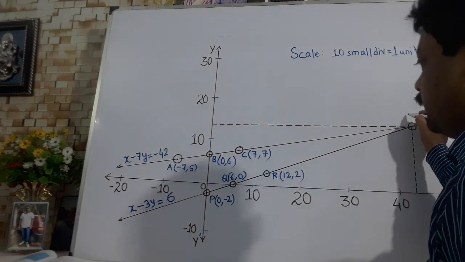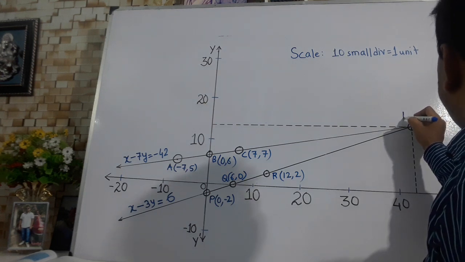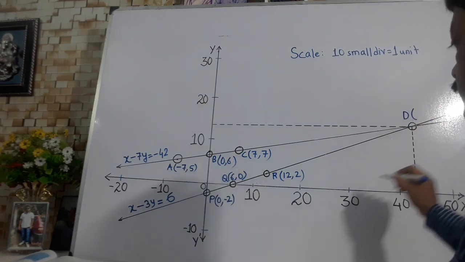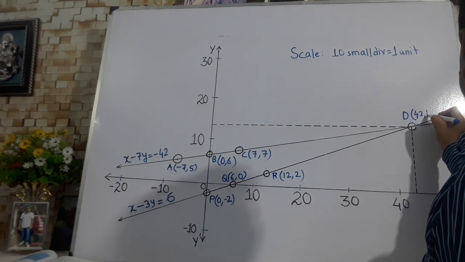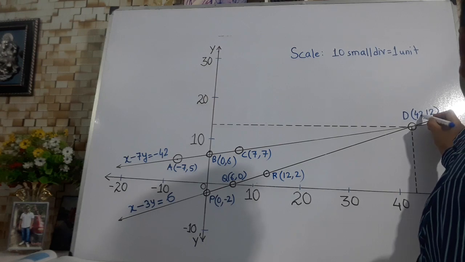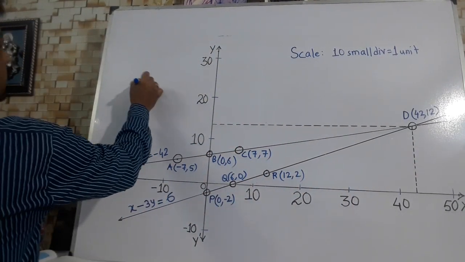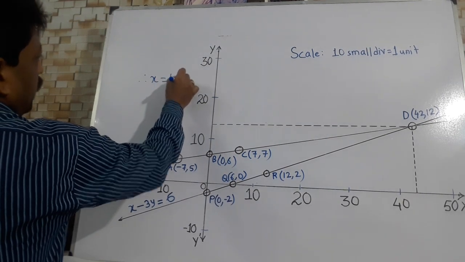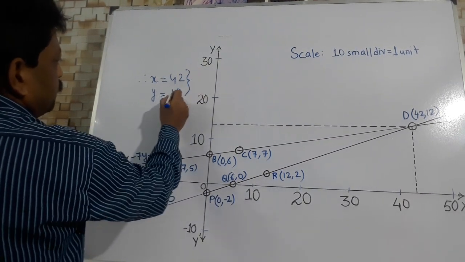Let me take it as D, and this is represented as 42, 12. Therefore, we can say that x equals 42 and y equals 12 is the solution of this problem.